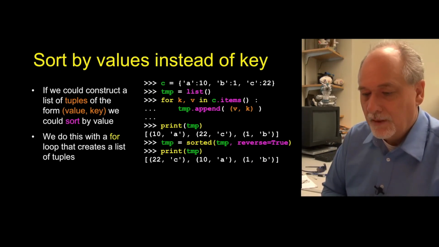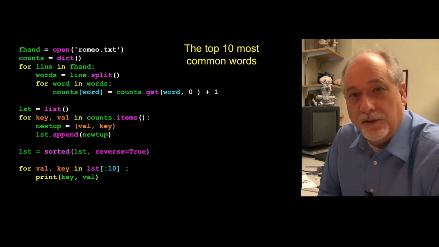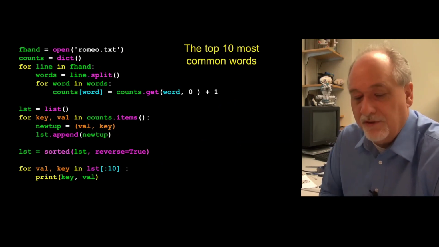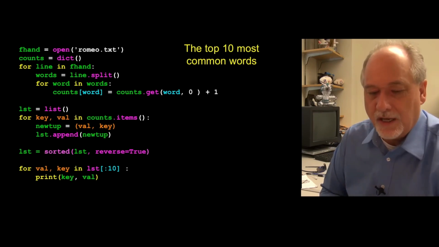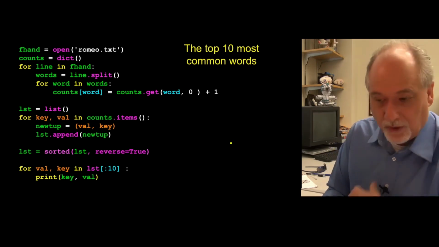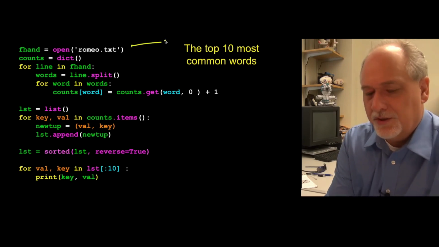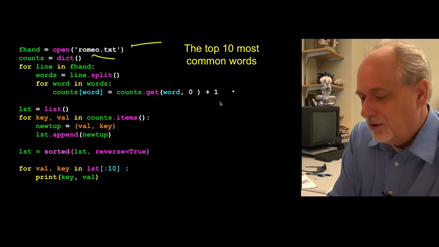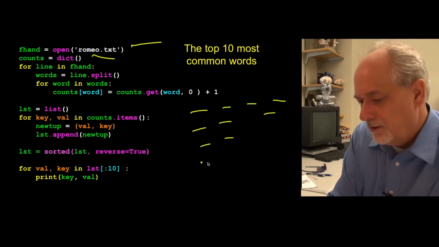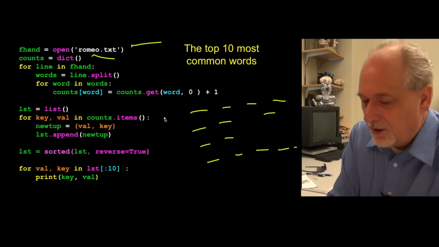Okay? So here we're going to print out the top 10 most common words in a file. And most of this code is review. So if we take a look at it, we're going to open a file. We're going to start a dictionary for our counting. There are going to be words and lines, right? And so we're going to have a for loop.